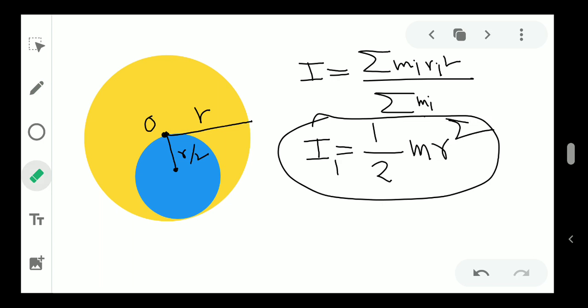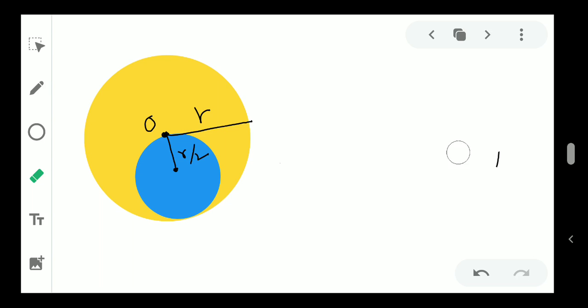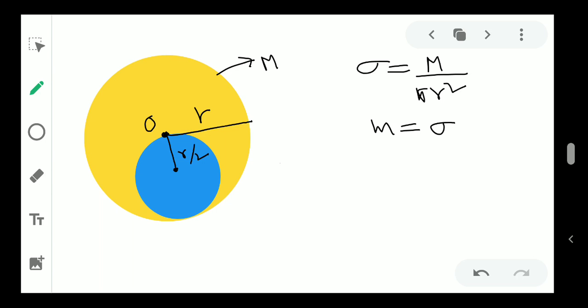So let us find out. Again we have to find the mass of this one. If the disc mass is m, we can find the mass using density, m by pi r square, and then the mass of the blue portion will be small m equal to sigma into pi r square by 4.